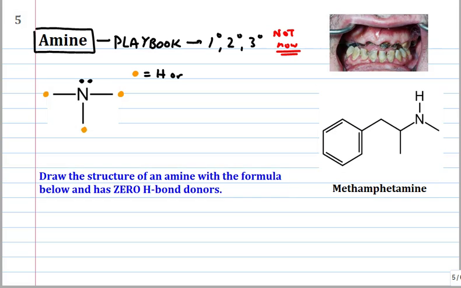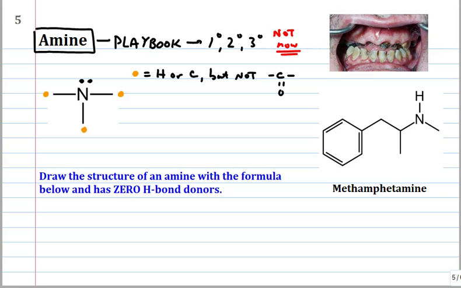It can be H or C, but not C double bond O. Because if it's C double bond O, that's going to make it an amide, not an amine.